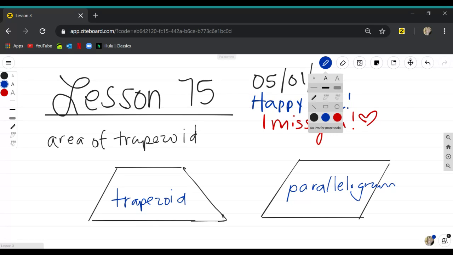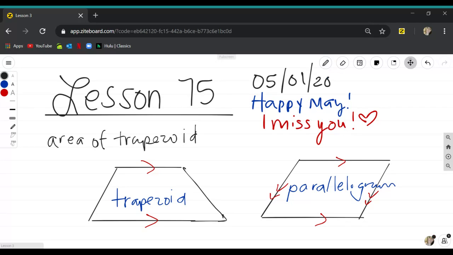A parallelogram has both pairs of opposite sides parallel. So these sides are parallel to this one, and the opposite sides are also parallel. But for a trapezoid, only the top and the bottom sides are parallel. So only one set of sides is parallel, but not the other sides.